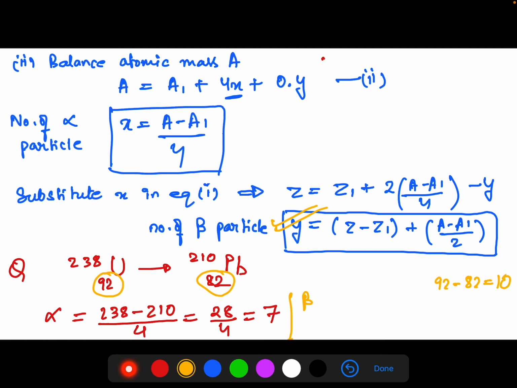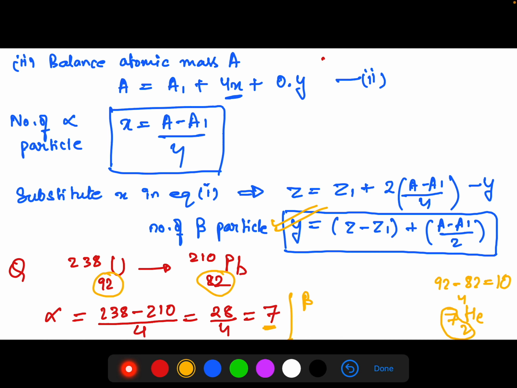But I have a total of 7 alpha particles, and 7 times He-4-2 should make an atomic number difference of 2 into 7, that is 14.